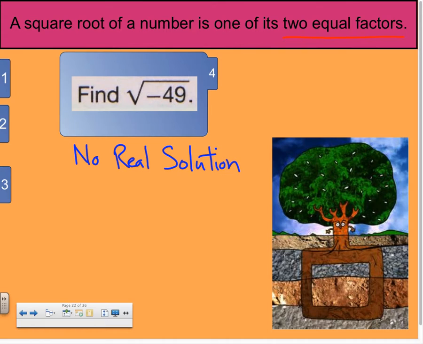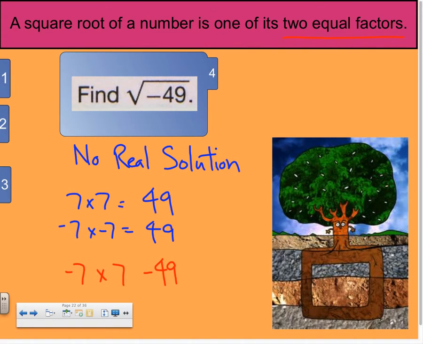If I want to get 49, I could do 7 times 7. I could do negative 7 times negative 7. And that would give me positive 49. But if I want to get negative 49, I would have to have a negative 7 times a positive 7.